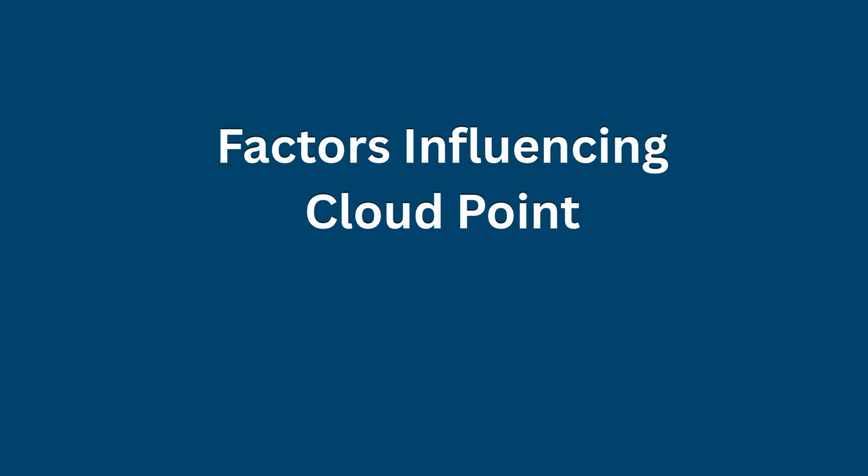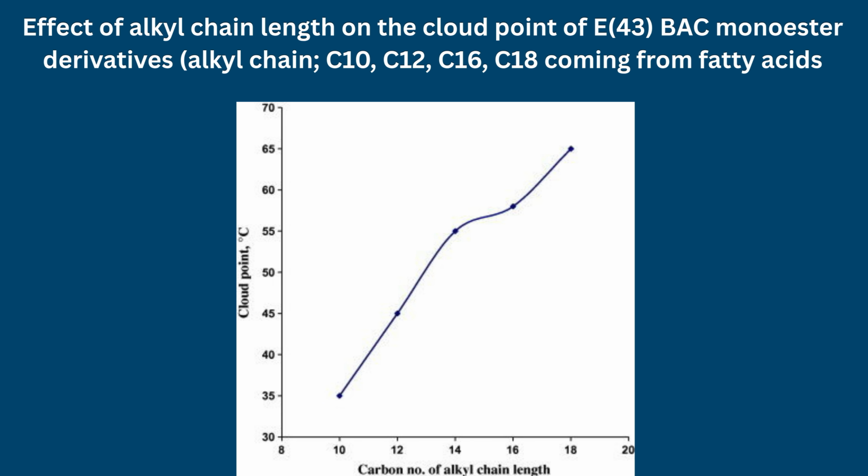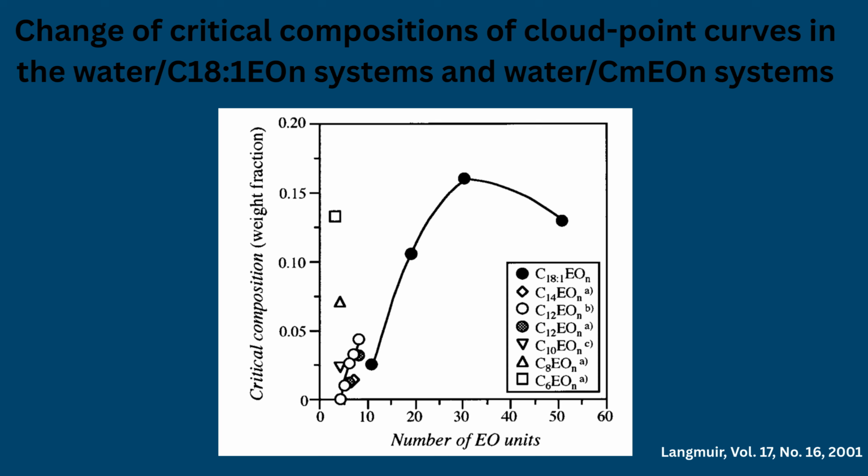Factors influencing cloud point. Surfactant structure. The cloud point is highly sensitive to surfactant molecular architecture. Hydrophobic chain length: increasing alkyl chain length generally lowers the cloud point due to enhanced hydrophobic interactions.